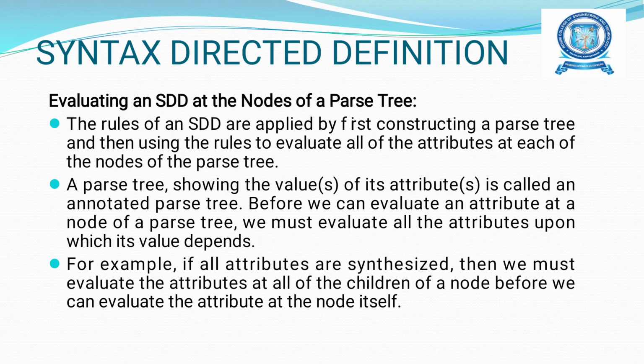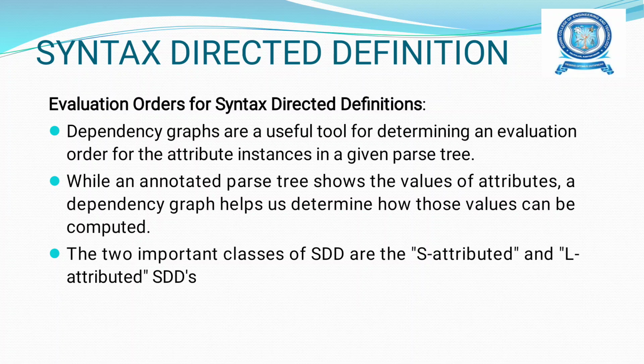So in the evaluation of an SDD at the nodes of a parse tree, if all the attributes are synthesized, then we must evaluate the attributes at all of the children of a node before we can evaluate the attributes at the node itself. Now, the evaluation order of syntax-directed definitions. Dependency graphs are a useful tool for determining an evaluation order for the attribute instances in a given parse tree.